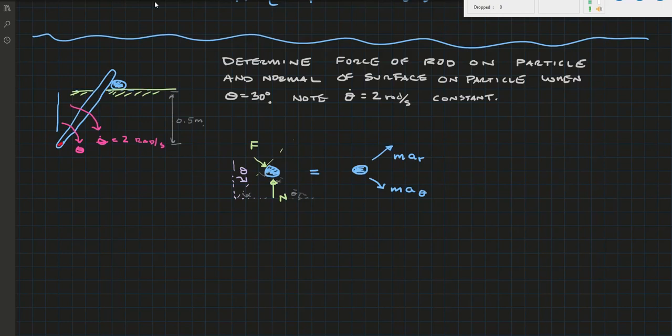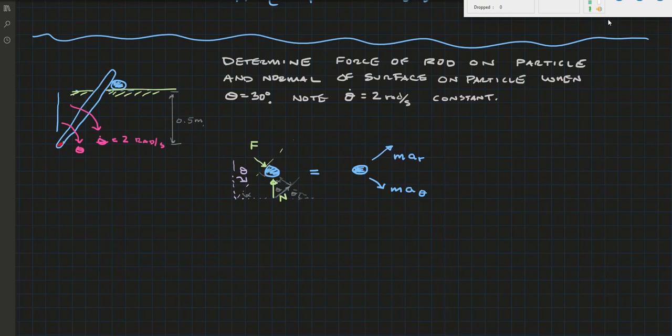And that's what we're interested in, because here's the radial direction, and our N force has these components, and the theta that we're going to want to write those in is down here.